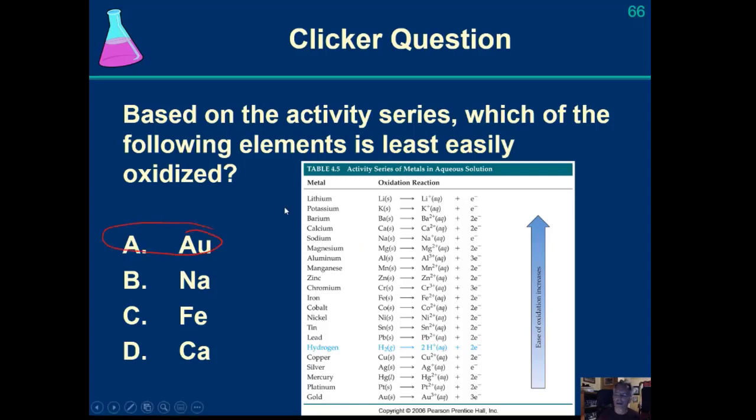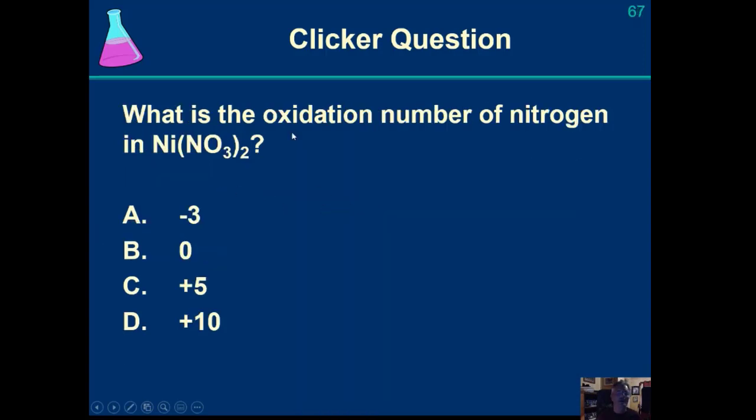Okay, one more. What is the oxidation number of nitrogen in nickel 2 nitrate? Ni(NO3)2, and so we actually did this. We did it 2 different ways. We'll do it real quick. You split these things up. What you have to remember is that nitrate is a -1 anion.